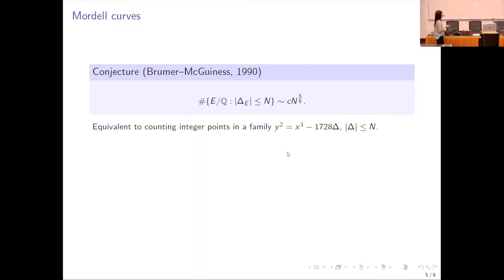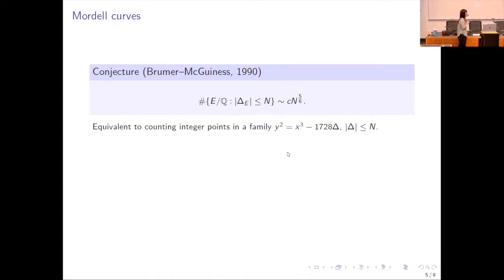For example, if we want to study the number of elliptic curves with discriminant up to n, there is a conjecture, and Brumer and McGuinness gave heuristics for this count, which shows that it's asymptotic to some constant times n to the 5/6. The constant can be made explicit. It's given by some very explicit formula.